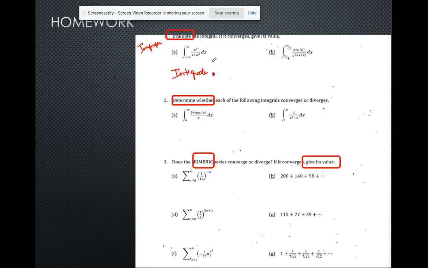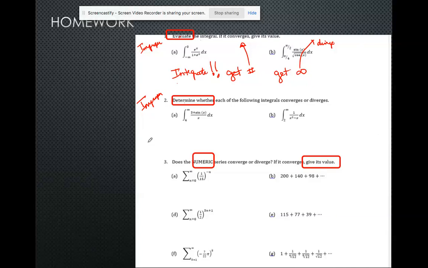You are actually going to integrate, and you are going to get a number if you converge, and you're going to get an infinity if you diverge. Okay. Number 2 is still improper, but you will not integrate. Do you see the directions? No integration. Determine whether. That means you are using the DCT or the LCT.